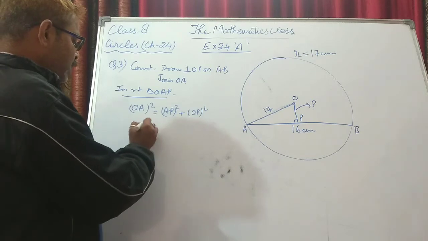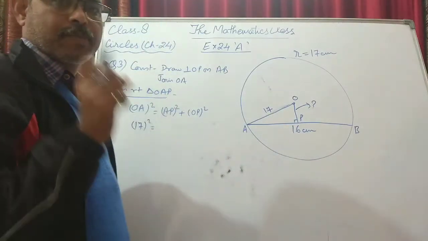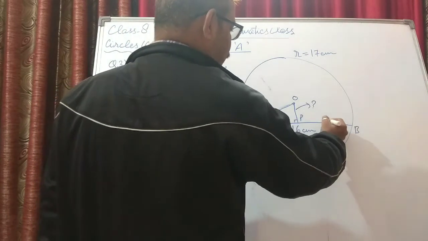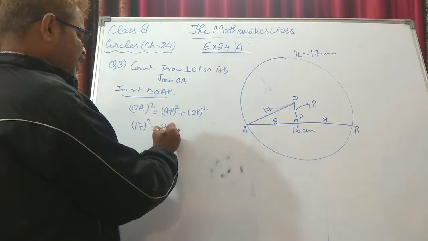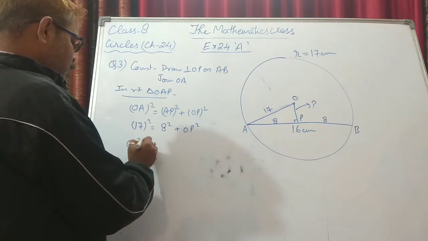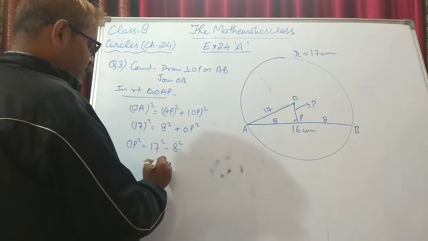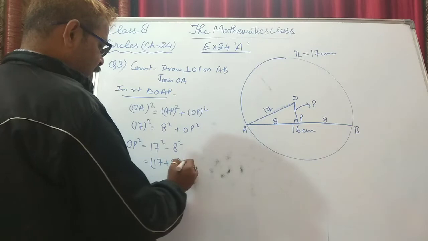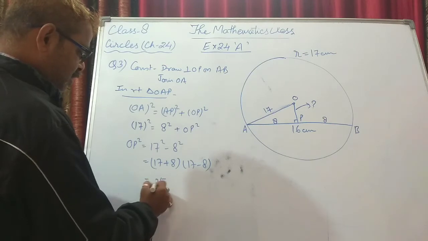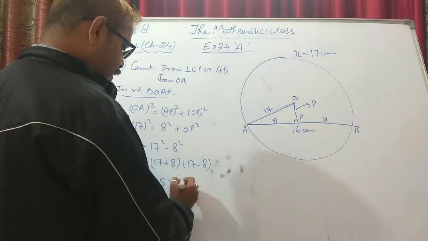17. So 17 square. AP, we know that if a perpendicular is dropped from the center, it bisects the chord. So this AP will become 8 and PB will become 8. So AP is how much? 8 square plus OP square. So we can say that OP square is equal to 17 square minus 8 square. We know A square minus B square is A plus B into A minus B. So 17 plus 8 is 25 into 17 minus 8, 9.